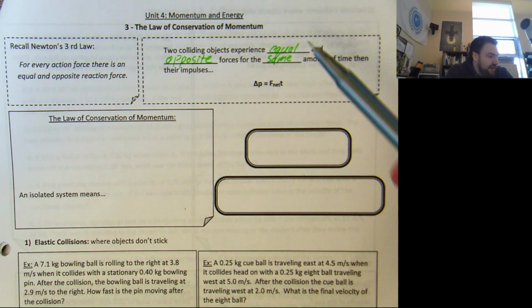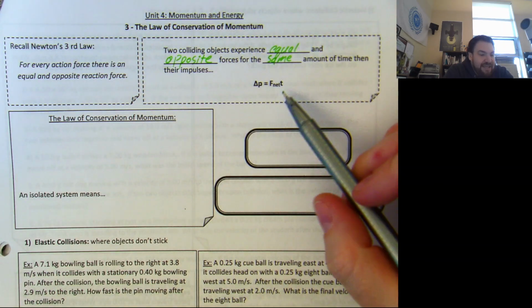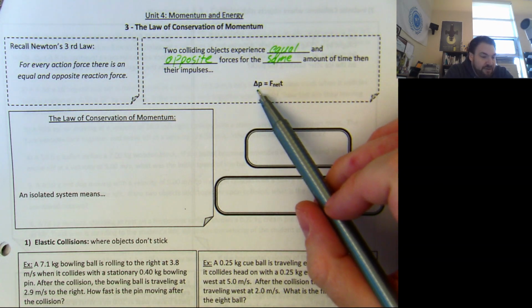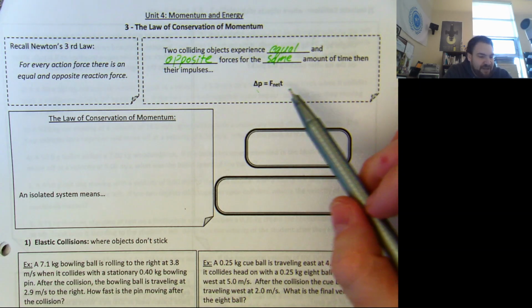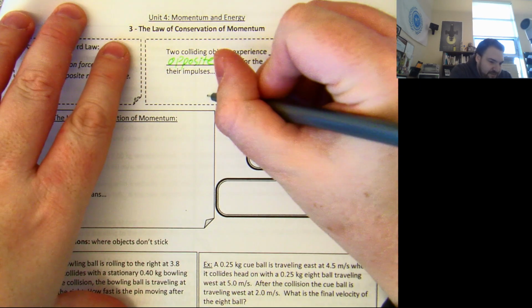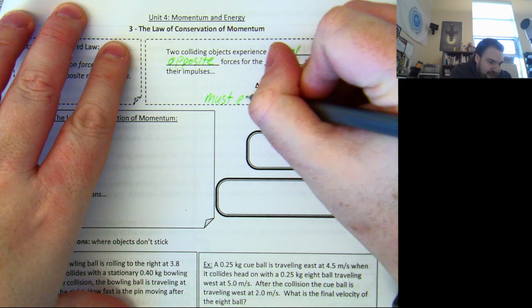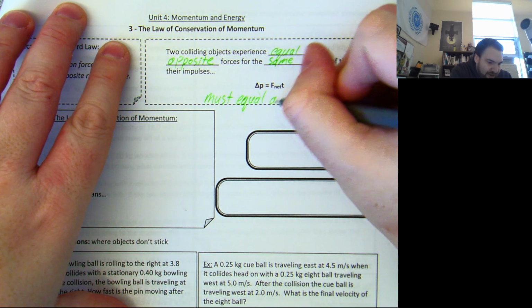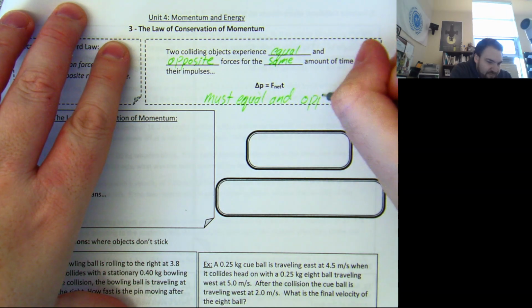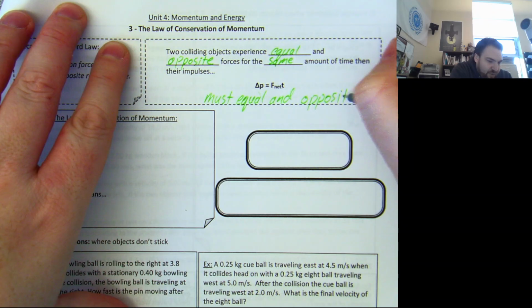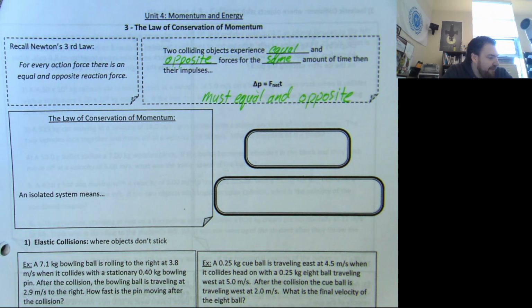And so what that means is the impulses, your change in momentums or your F net times time, must be equal and opposite. Which leads us to a rather interesting result.